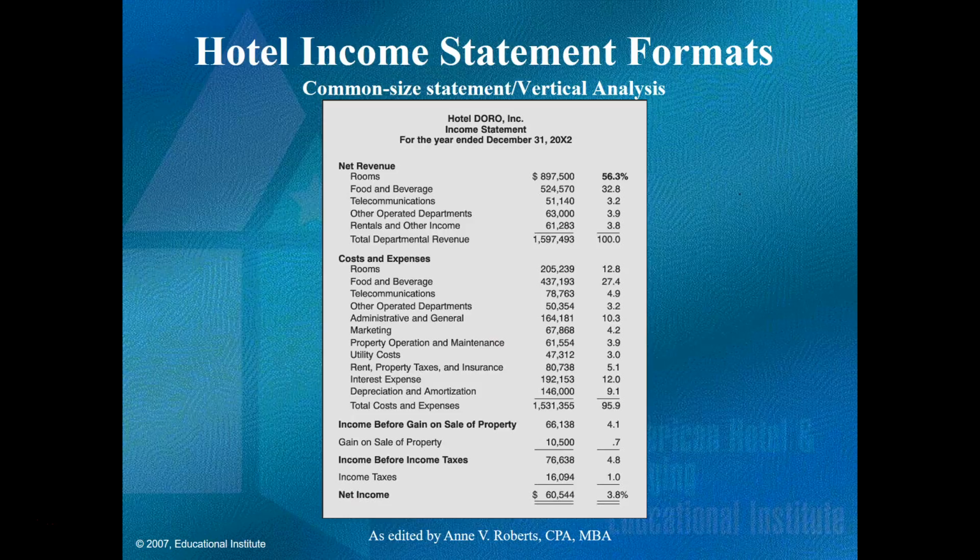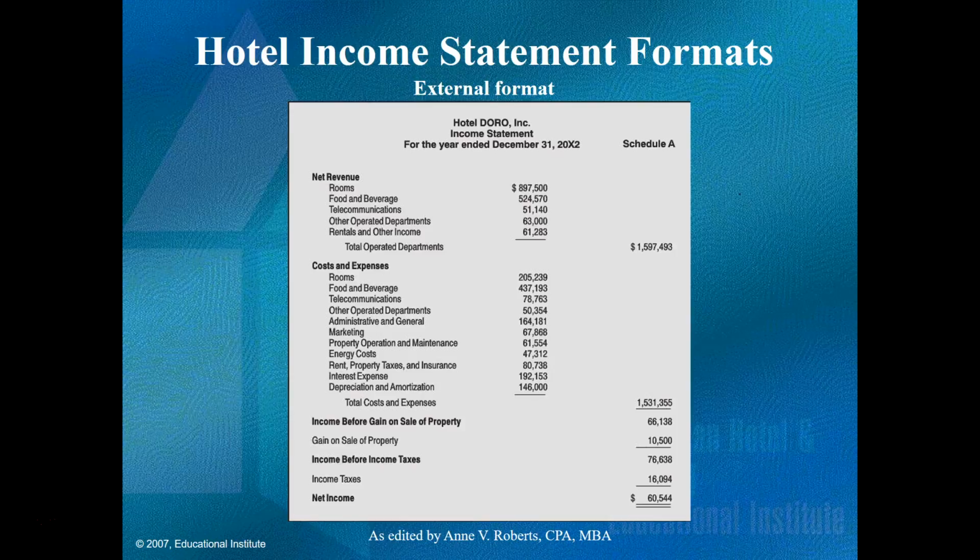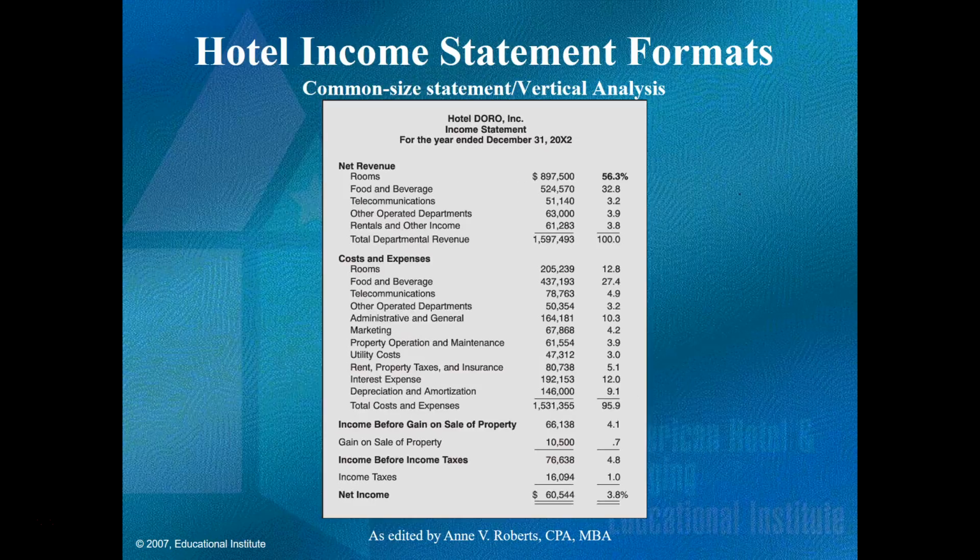Then, once we've got all of our financial statements put together, again, we're going to go through and analyze them. Now, notice the version that we're using here. We're using the external analysis. So, here's our external numbers. We're going to do a common size analysis.